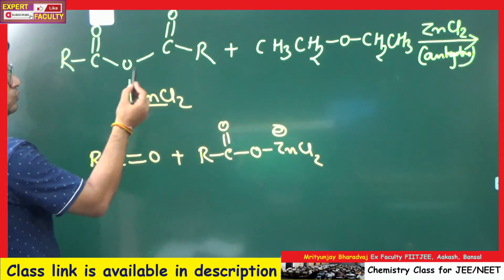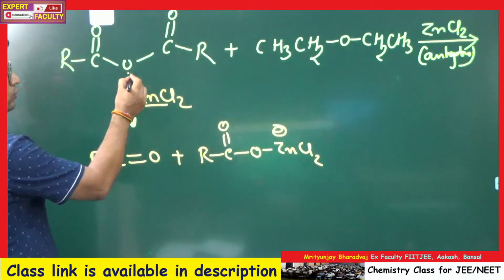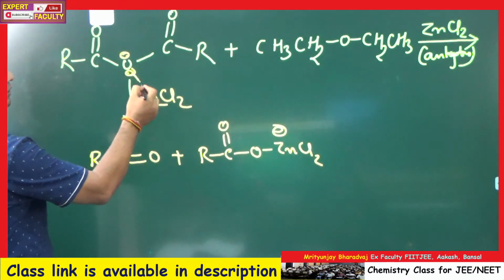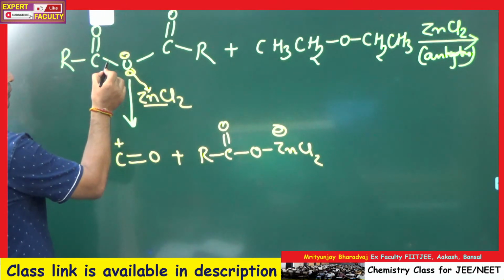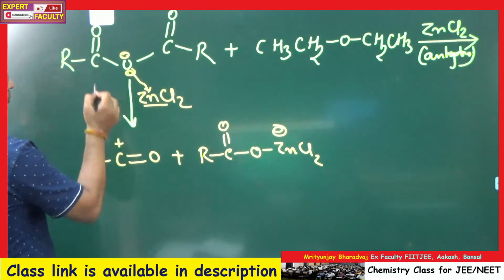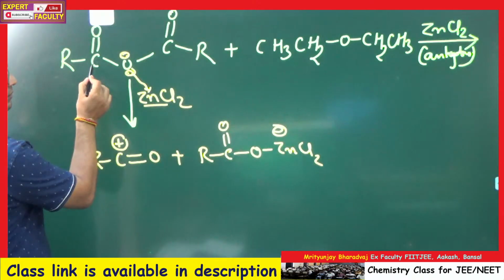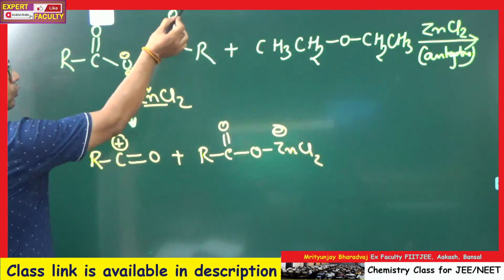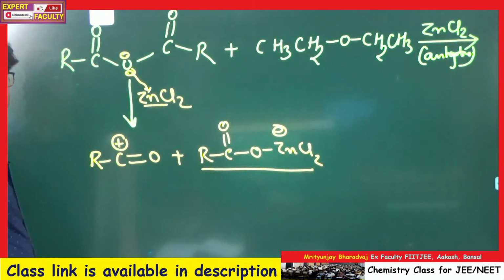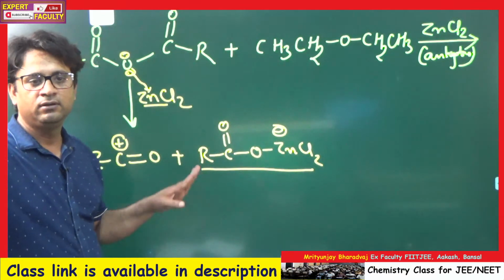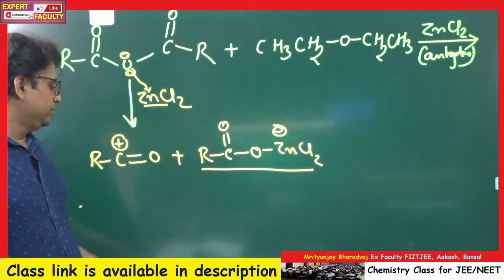Similar to chlorine, the Lewis acid will take a lone pair from the oxygen. This oxygen will give the lone pair. Then the bond pair will be taken by the oxygen and positive charge will appear on this carbon, and the remaining group will be like this. Now what will happen?